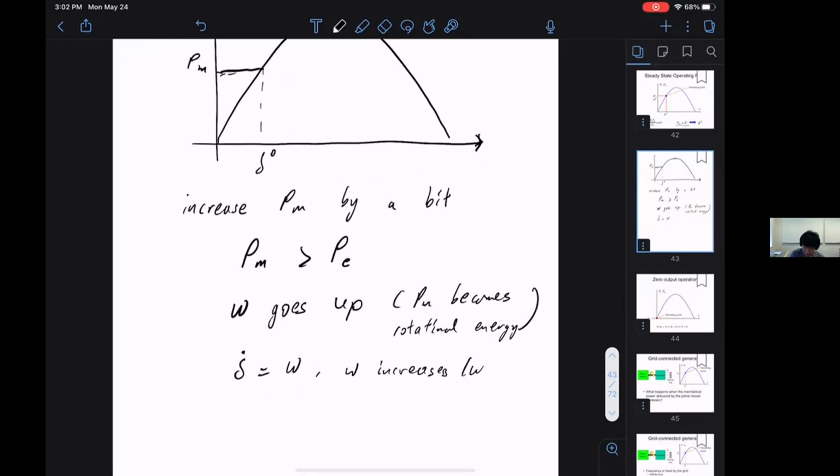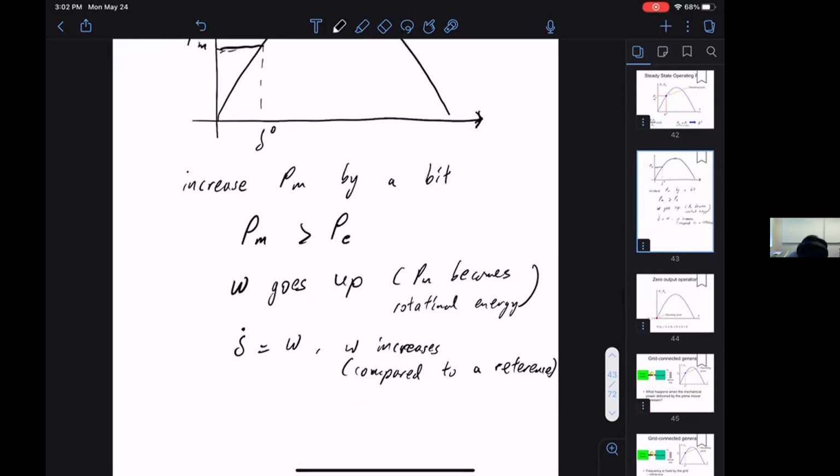So omega increases compared to a reference, right? So then delta increases. My frequency is faster, so my angle gets larger.